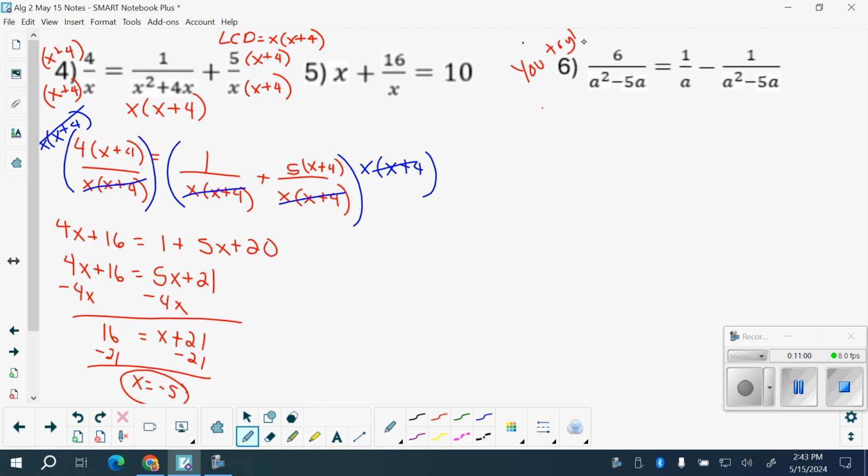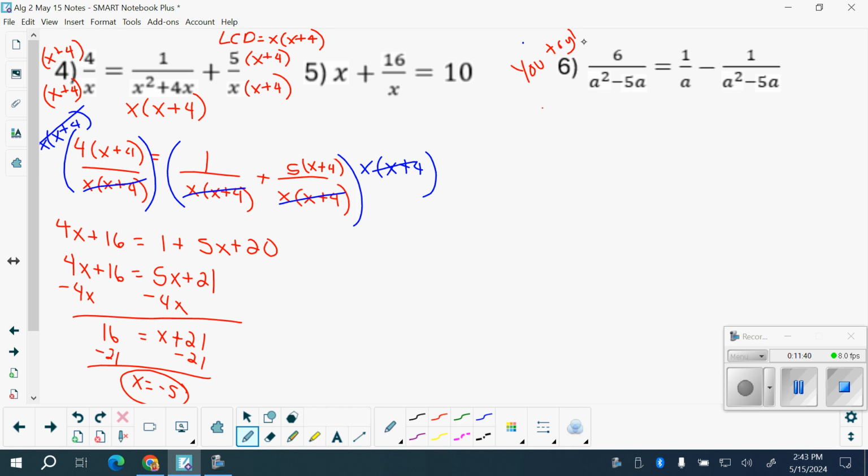So this one, what is not in that denominator? It's in the other two. So if we factor that a squared minus 5a, what is that when we factor it? What's common in both? The letter that's common in both? Yeah, and then this would be a times a minus 5. Yeah, so that's your least common denominator.